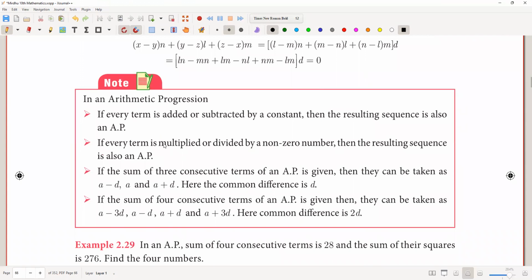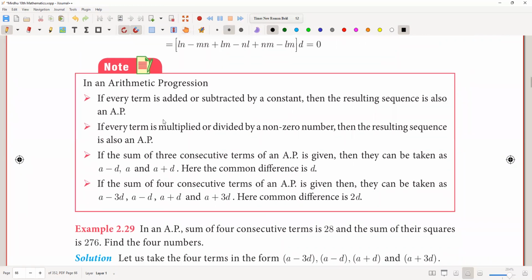What and all? These are the important notes. Important notes. If every term is added or subtracted by a constant, then the resulting sequence is also an AP. If every term is multiplied or divided by a non-zero number, then the resulting sequence is also in AP.